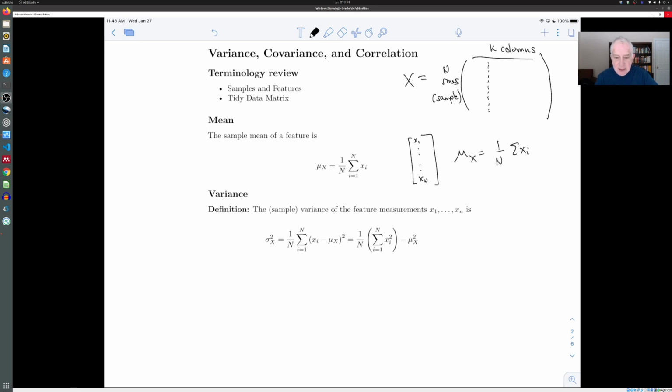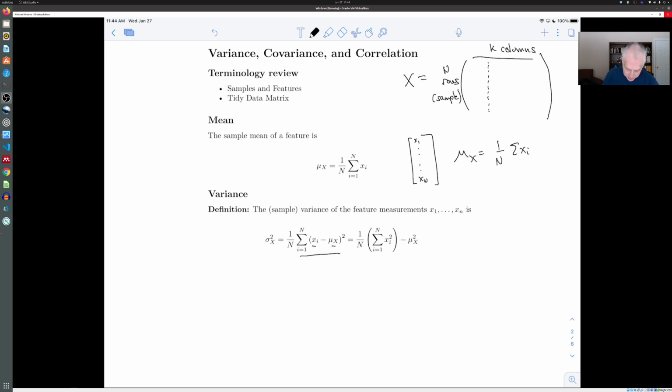And the variance of a column of the matrix is gotten by taking the average of the squared distance from the values to the mean. So it's the sum of the xi's, the values in a particular column, minus the mean, squared, divided by n. I haven't listed the index k, which would tell us which column it was. And we've seen this quite a bit too. In some ways, this can be thought of as the mean squared error in some settings.